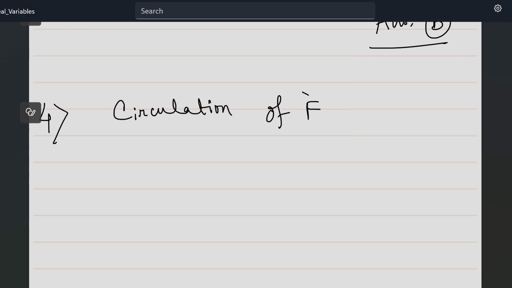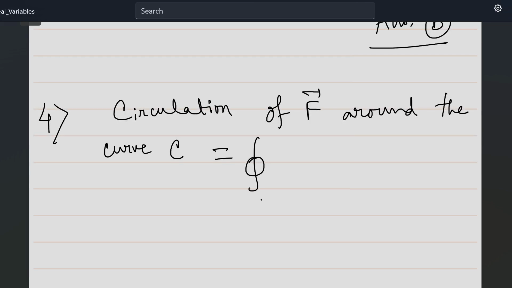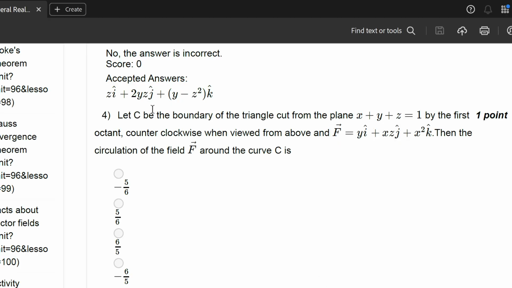The circulation of a vector F around the curve C is equal to the line integral over this curve of F dot dr, that you know. Now, what this question is saying is: what is C? C is the boundary of the triangle cut by this plane, by the first octant.